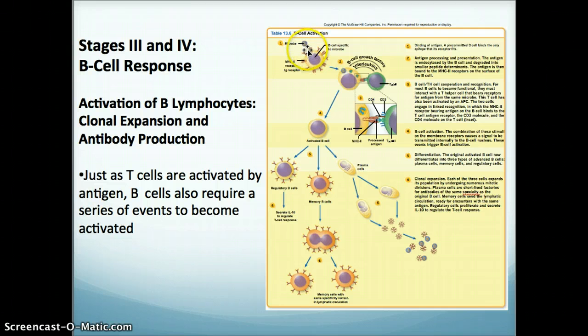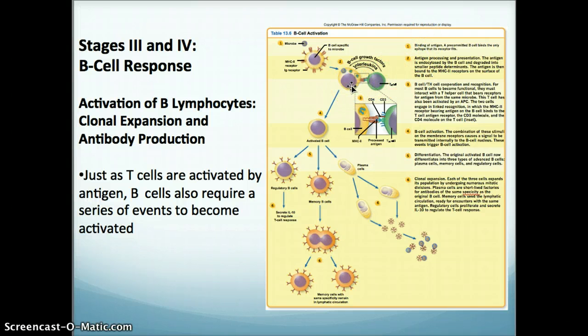That antigen, or microbe, will then be phagocytized and processed by the B cell, and then presented on its MHC2 receptor. This will allow it then to communicate with a T helper cell, which, as we just learned, we know there's a lot that goes on when this T cell is activated.